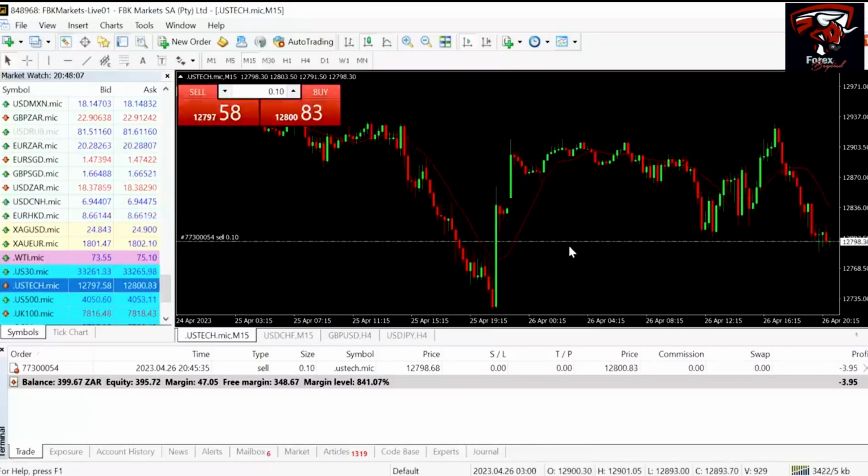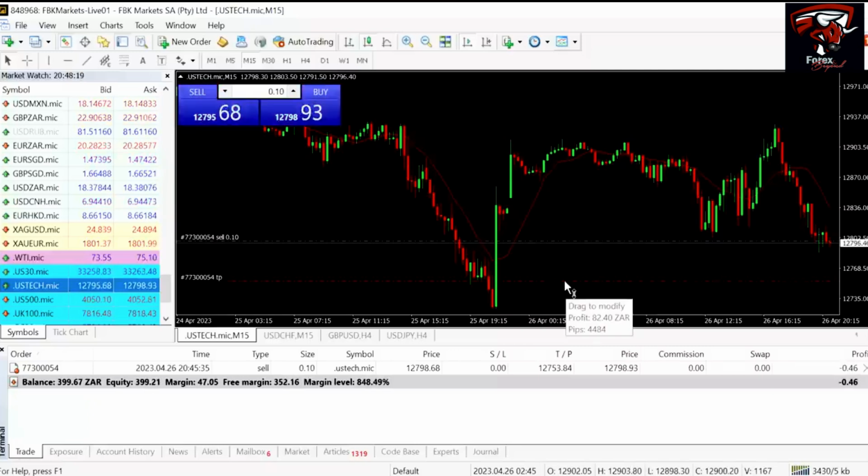Now, moving to the fourth topic, which is take profit. For example, I've just dragged my TP here, and it says I'll be making about 44.84, which is 4,484 points in reality, which will give me about 82 rands if the market reaches the red line that you see on the screen.